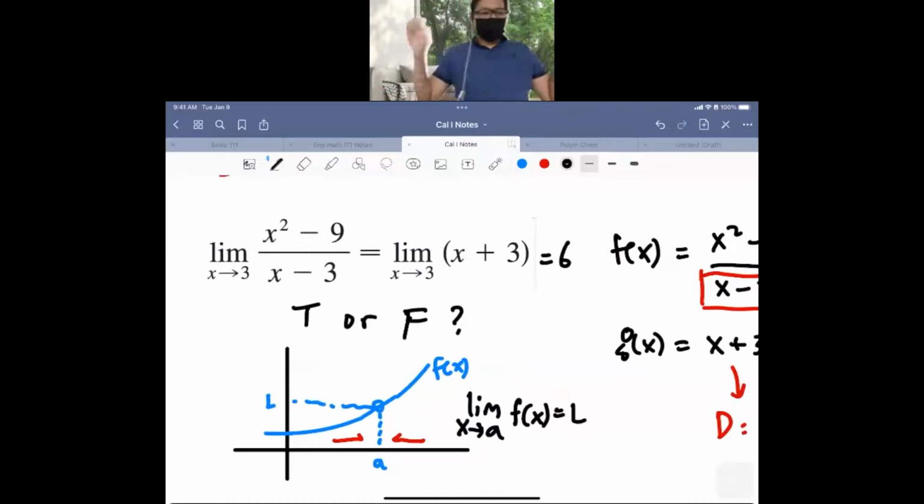And I believe L will be 6. Now if we would like to confirm this, let's draw the curve.